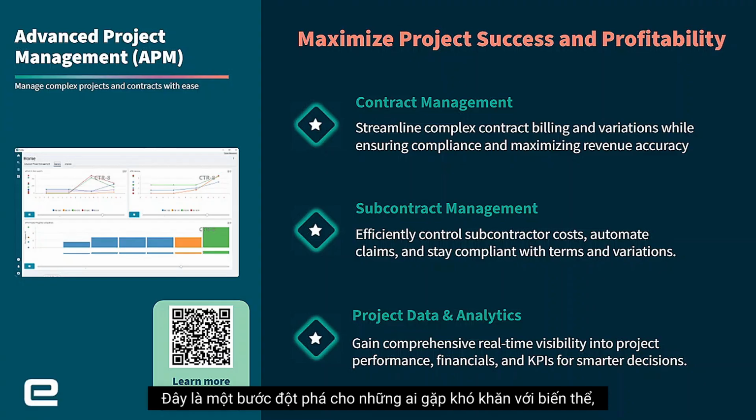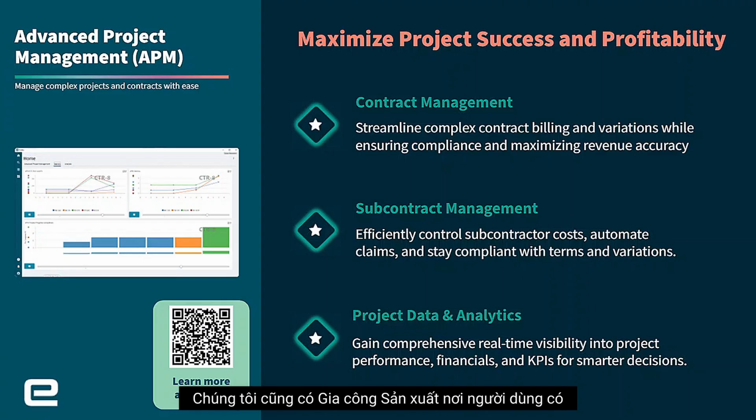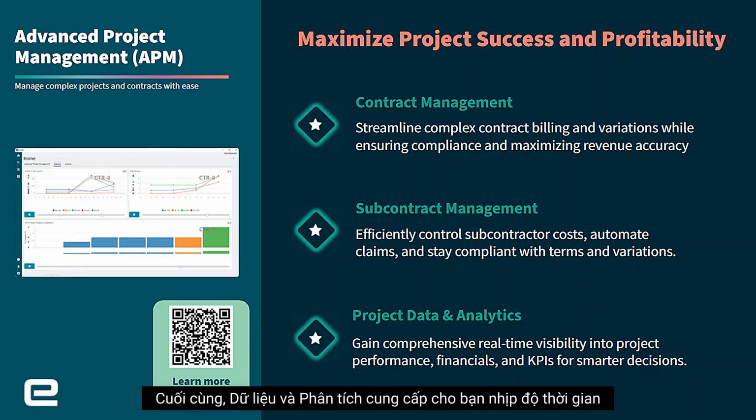It's a game changer for anyone who struggles with variation claims or compliance under IFRS 15 or ASC 606. We have Subcontract Manufacturing, where users gain real control over cost and progress claims. And finally, Data and Analytics give you the real-time pulse of your projects. Whether you're a PM, a project manager, a CFO, or in operations, having instant access to project KPIs means better, faster decision-making.